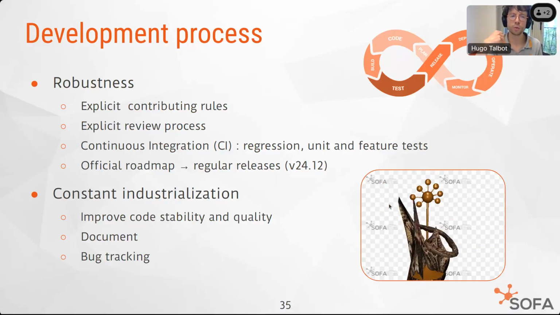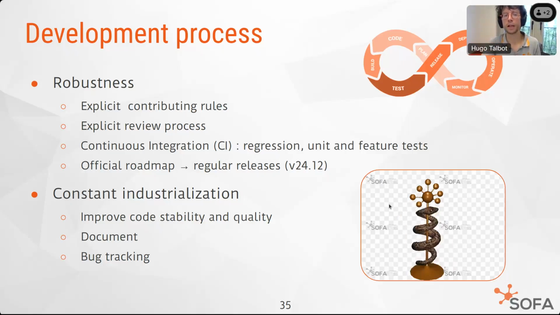It goes through a review process, a validation process, a continuous integration that will test on various aspects, regression, unit, and feature tests, the changes, so that we make sure that SOFA is not breaking when we integrate a new feature in SOFA. And this way, we regularly release new versions of SOFA, like I said before.